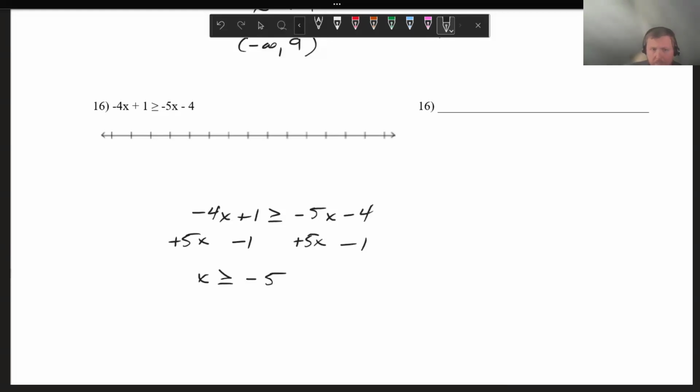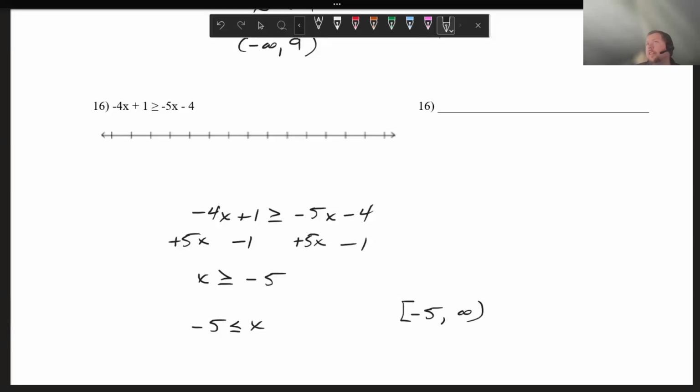And if it feels better for you, you can flip this around the other way and write it like that, if that helps you figure out how to write the interval notation down. So my interval notation is -5 to positive infinity.